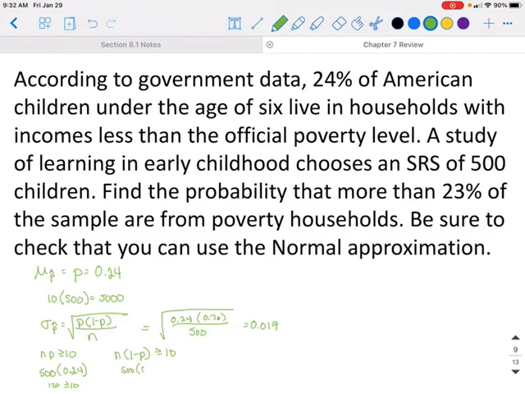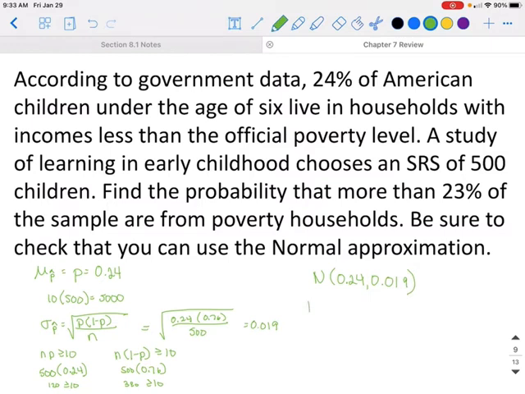And we're going to do 500 times our probability of failure, which in this case is 76%, and that's going to give us 380, which again is greater than or equal to 10. So we are allowed to use our normal approximations. So we are going to use normal approximations with a mean of 0.24 and a standard deviation of 0.019.